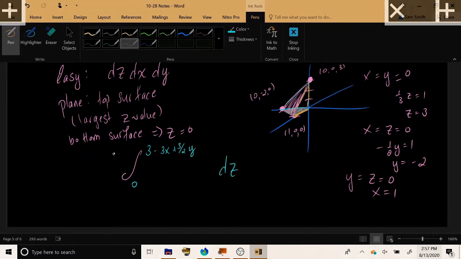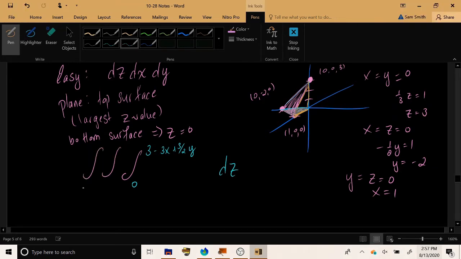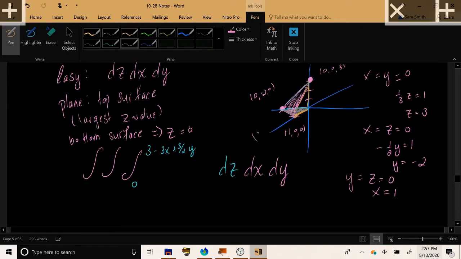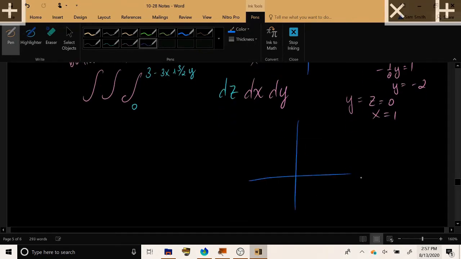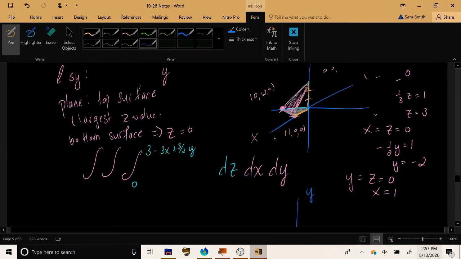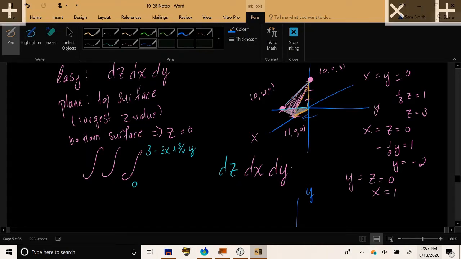So now I need to figure out the other two limits with the order dx, dy. In order to do that, I need to consider the shadow made by this region on the xy plane. Let me sketch a picture of simply the x and y axes, and the image of this gray shadow here.